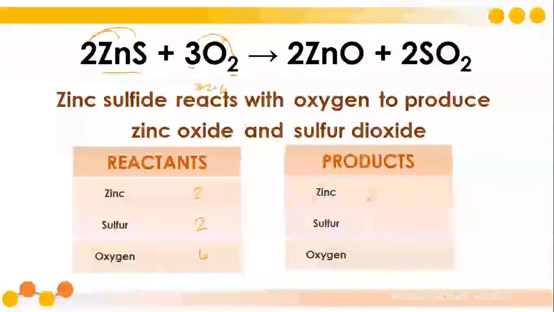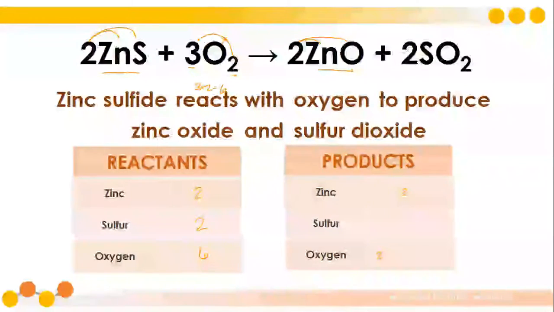Now, let's proceed with the product side. Similar to what you did with the reactant side, you also need to distribute the coefficient to the compound. So there would be 2 zinc and 2 oxygen. And then you proceed with the other product.